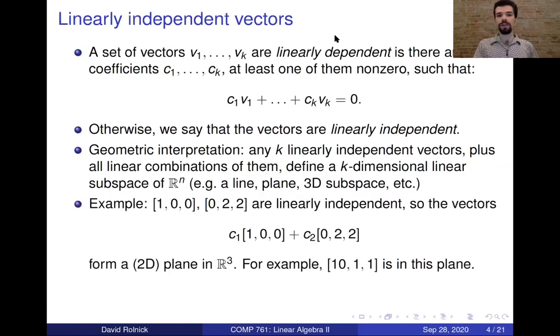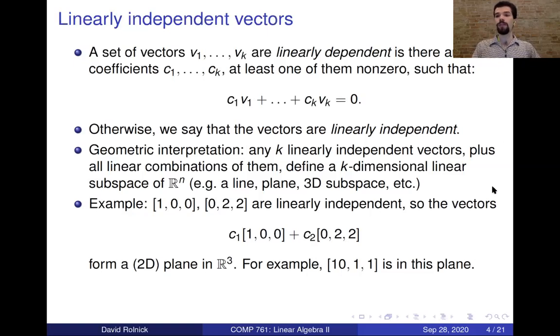As an example, these 2 vectors in 3-dimensional space are linearly independent. So the vectors formed by all of their linear combinations form a 2-dimensional plane. And as an example of something else that's in that plane, (10, 1, 1) is in this plane. Why is it in that plane? Because you can combine these 2 vectors to create (10, 1, 1). You just take c1 equal to 10 and c2 equal to 1/2.